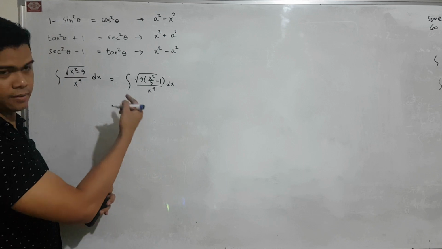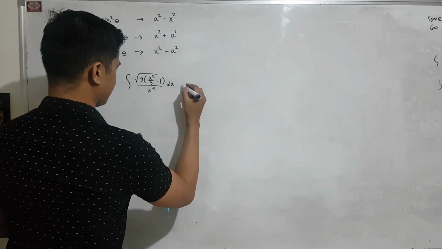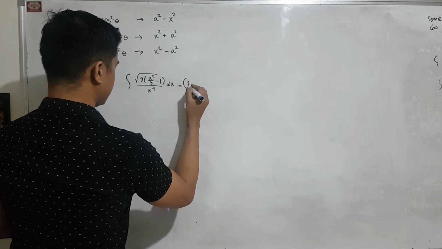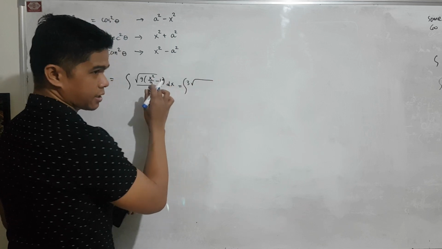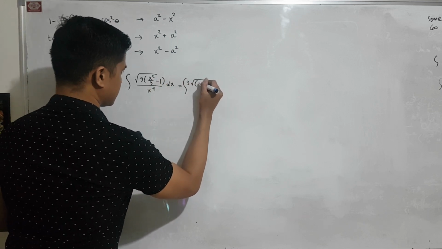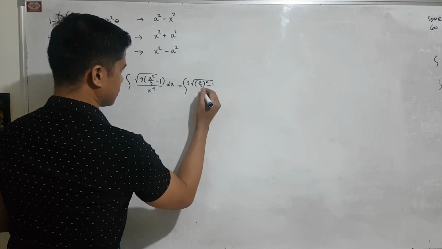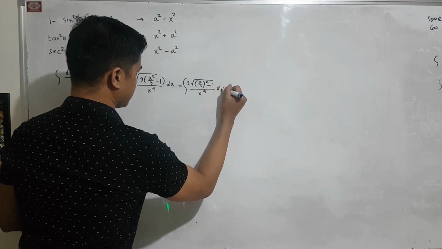Then the 9 can be taken out, so you have 3 there, the radical of x over 3 squared minus 1, over x to the fourth, dx.